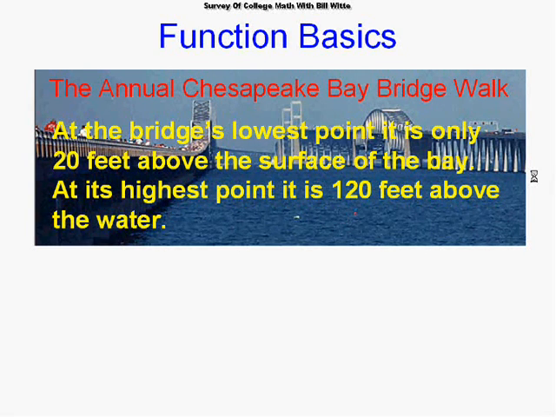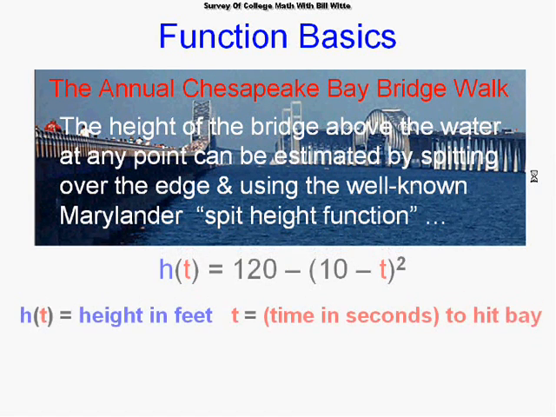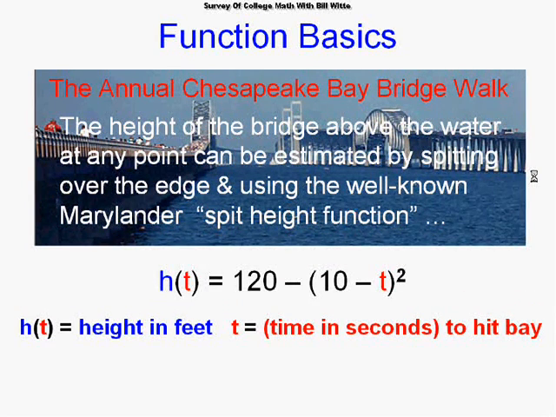And we used to be able to estimate exactly how high above the water we were at any time using our famous spit height function. This is the spit height function. Function h of t, h being how high above the water you are. It's a function of t, the time in seconds it took your spit to hit the water.